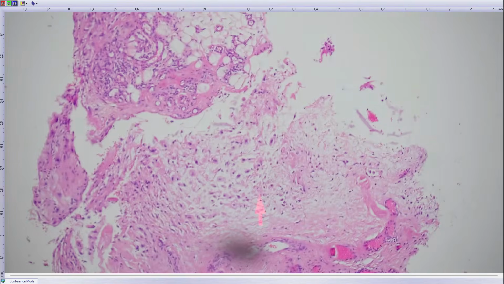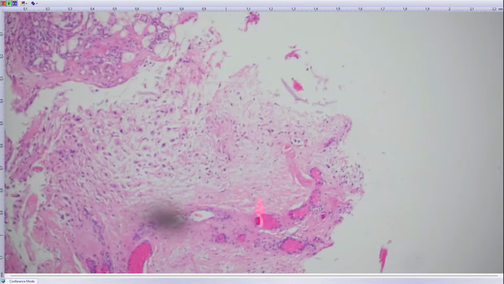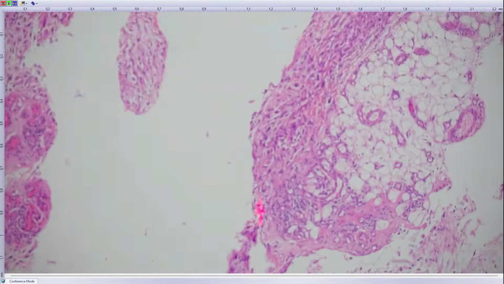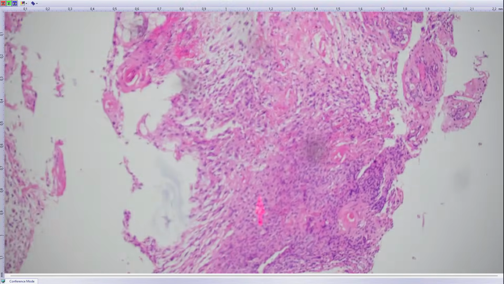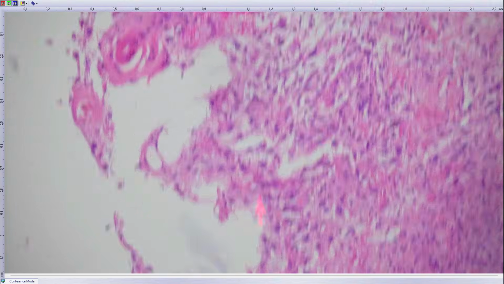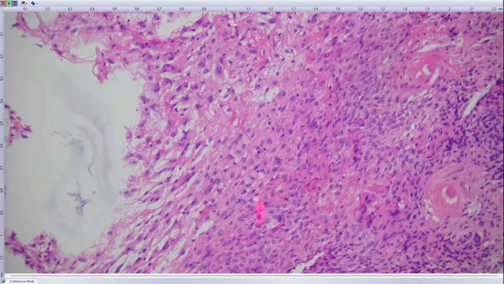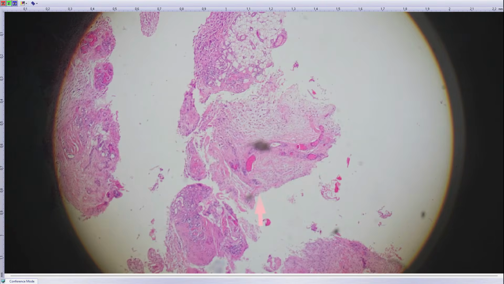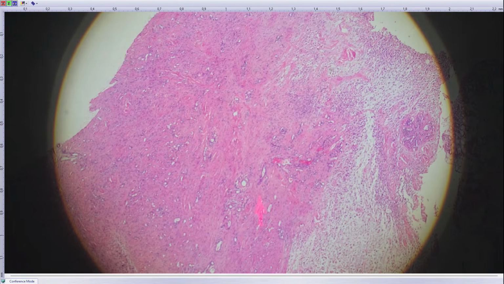You can see again some fibrinous areas, possibly fibrinous necrosis, and some fibroblasts, myofibroblasts, with atypia but without mitotic activity. I did a lot of immunohistochemistry, and everything was negative. There was some smooth muscle actin expression, which is normal.